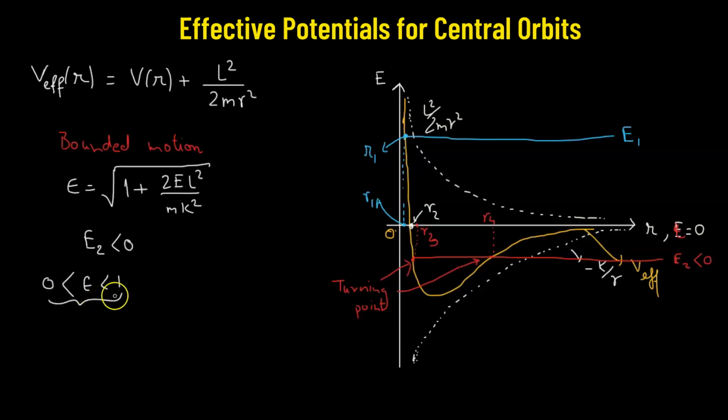The only bound state possible in an inverse square force field with an eccentricity between 0 and 1 is an ellipse, so the particle is going to go in an elliptical path. So here we have an ellipse. Let's assume that the force center is at one of the foci. Then this particular length is going to be R3, and this length is going to be R4, where these are the turning points, or the apsidal points.